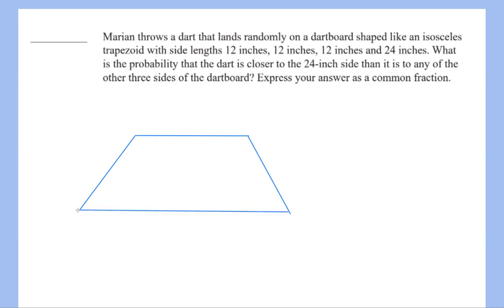So this is 12, and this is 12, and this is also 12. So this part is 24, okay? So the dart can land in any spot in this region, and we want to find the probability that it is closer to this 24 inches side, right?